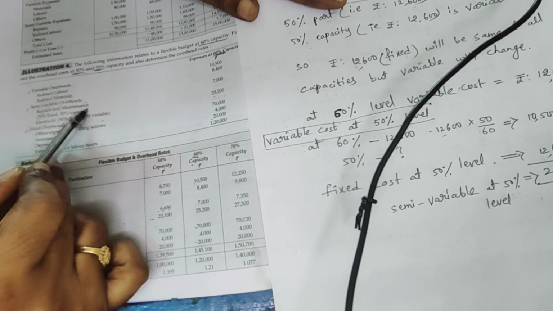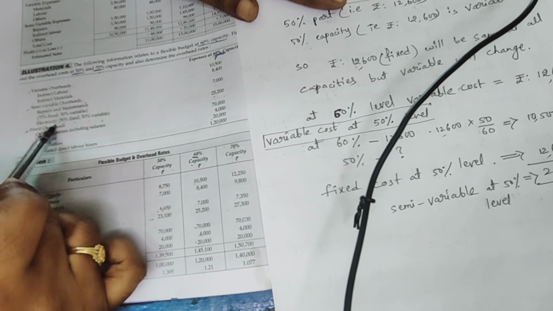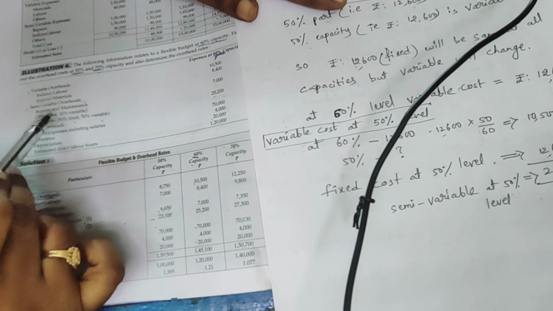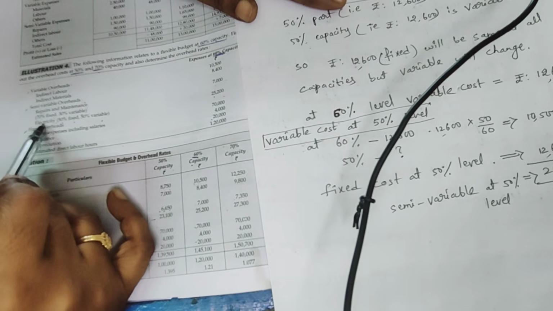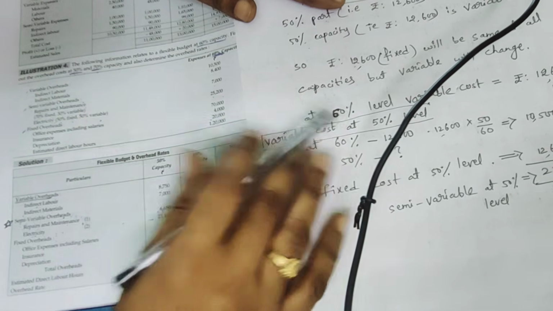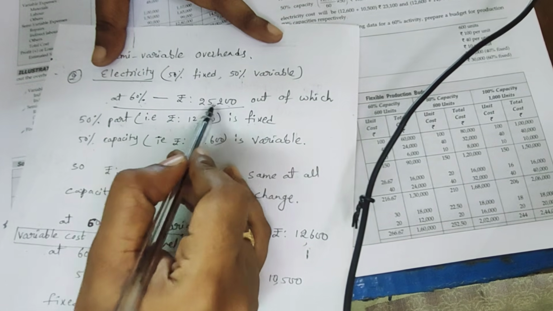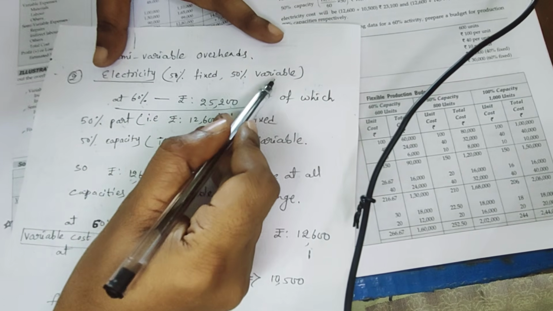In the repairs and maintenance, we have 70% fixed, 30% variable. In the electricity, 50% fixed, 50% variable. So for this also, we need to do the working notes. So, what is the value of electricity? 25,200 at 60% level. Electricity is 50% fixed, 50% variable.